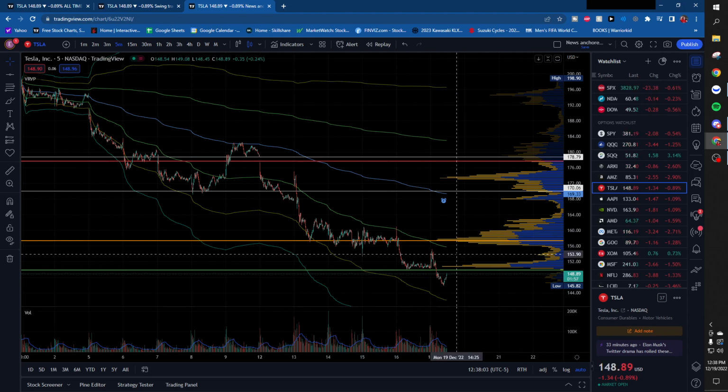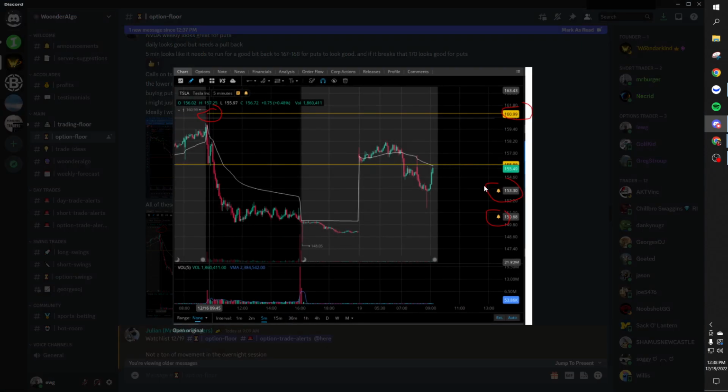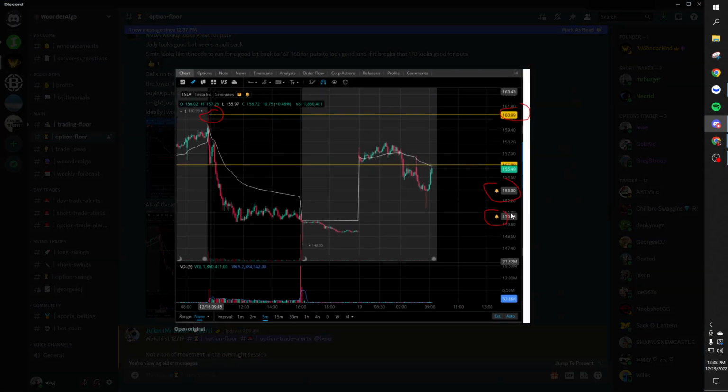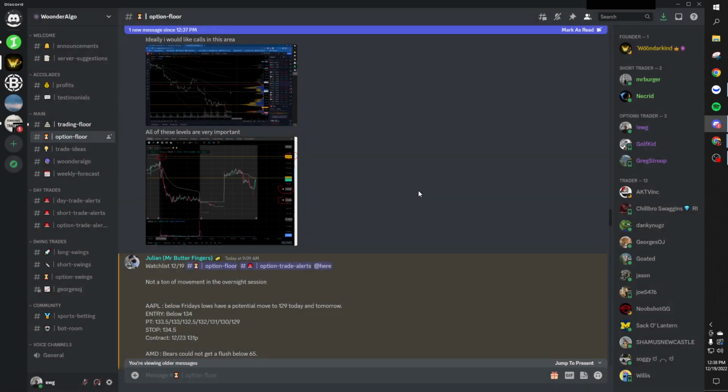Boom. Popped. It also dealt with it over here, and I called levels on this thing earlier in the morning at 9:08. I said 153.30 and then 150.68 and then 155. 160 was also important because maybe it would test that if it kept running through 155, breaks high of pre-market. Boom. 160.99 is an important level, so I called these in the day.